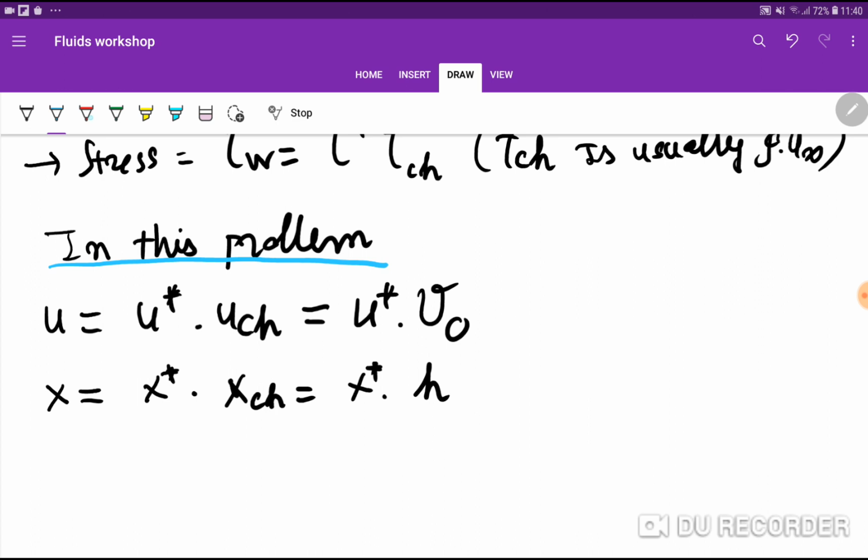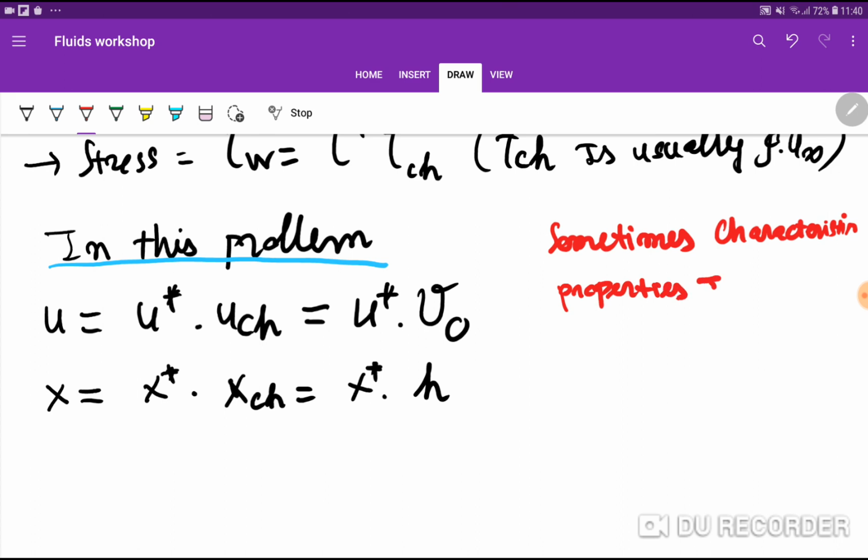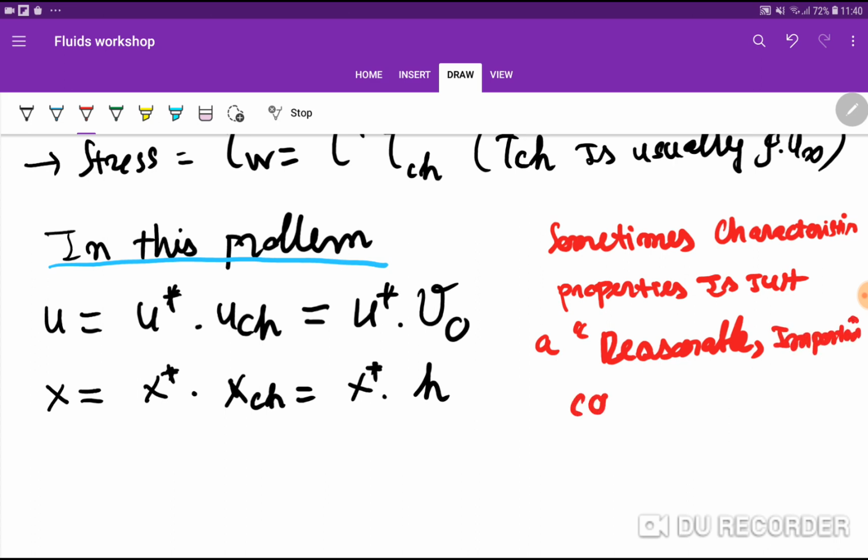So in conclusion, sometimes the characteristic property is just a reasonable or important constant.